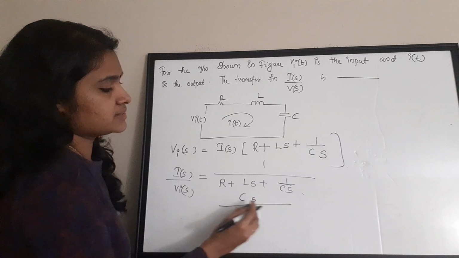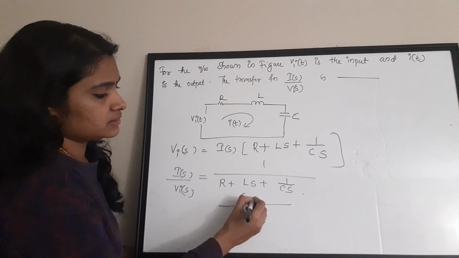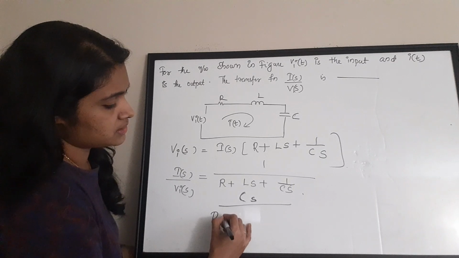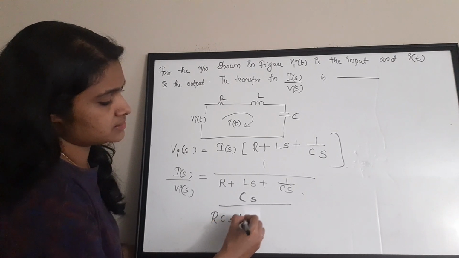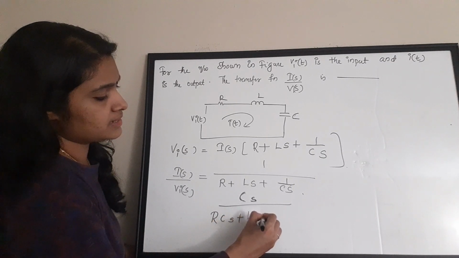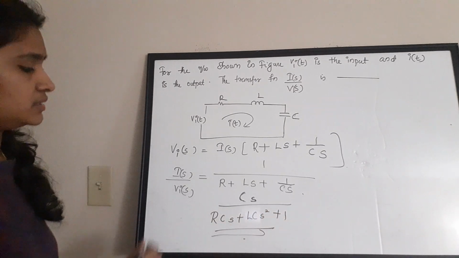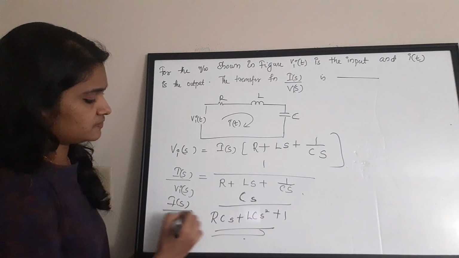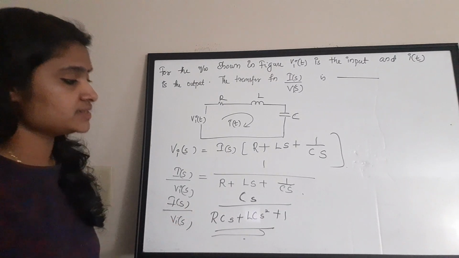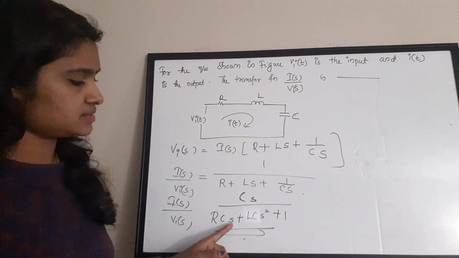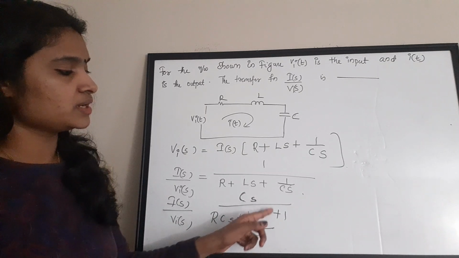S is the S domain, that is, we are taking Laplace transform. So RCS plus LCS square plus 1. So this is the transfer function, that is I of S by Vi of S. If you take, you will get CS by RCS plus LCS square plus 1.